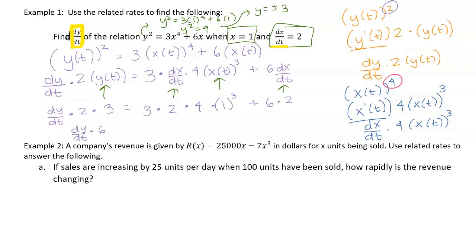So I get dy/dt times 6 equals 36. So this means that dy/dt equals 6. So that is example 1 for related rates.